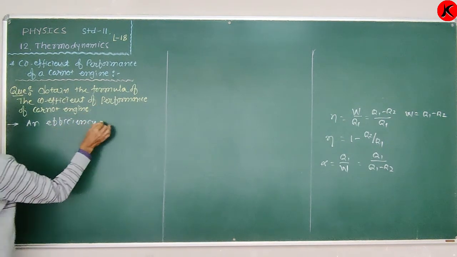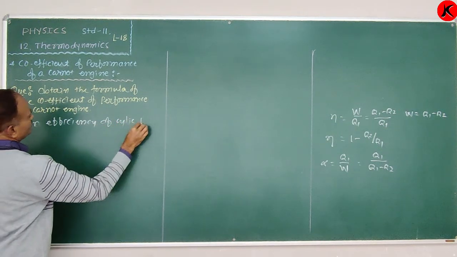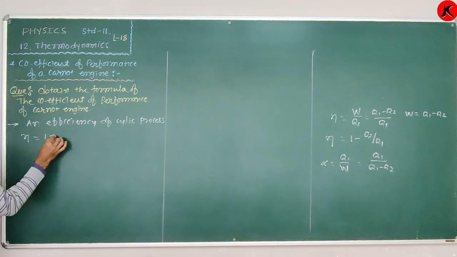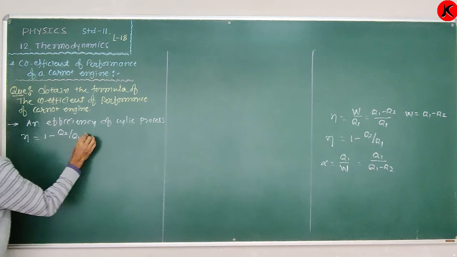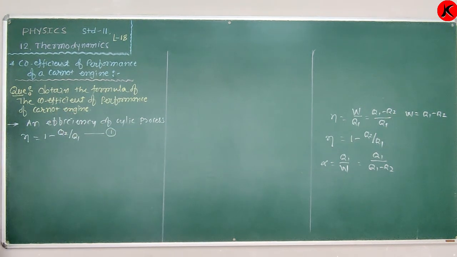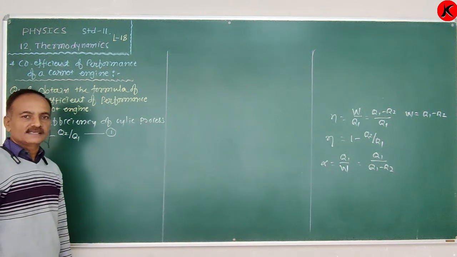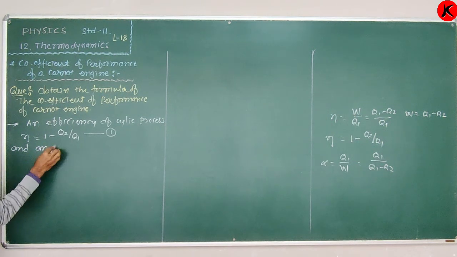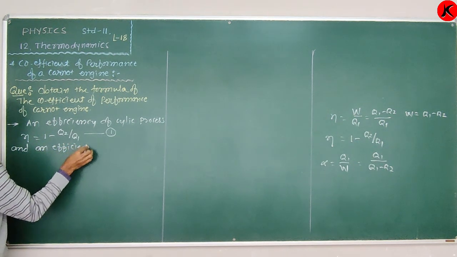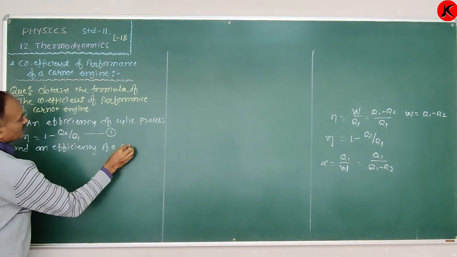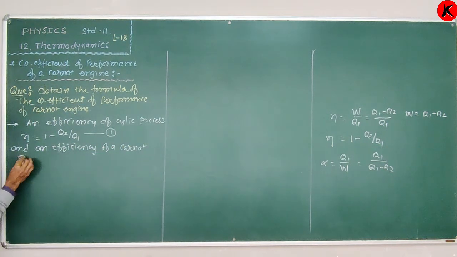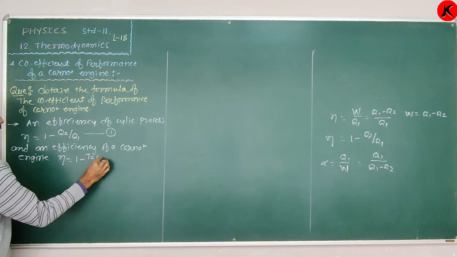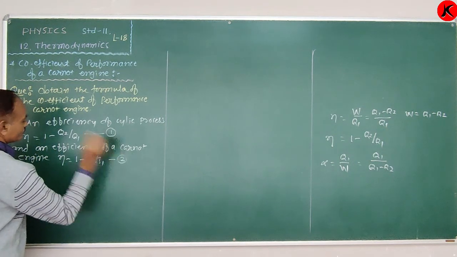Now, the efficiency of a cyclic process, the equation is eta is equal to 1 minus Q2 upon Q1. That is your equation 1. And the efficiency of a Carnot engine depends on the temperature, eta is equal to 1 minus T2 upon T1, equation number 2.